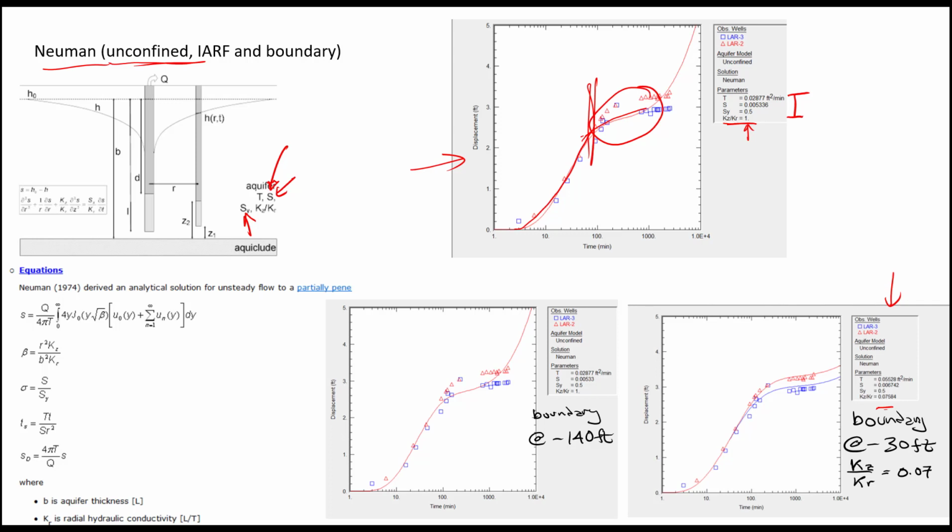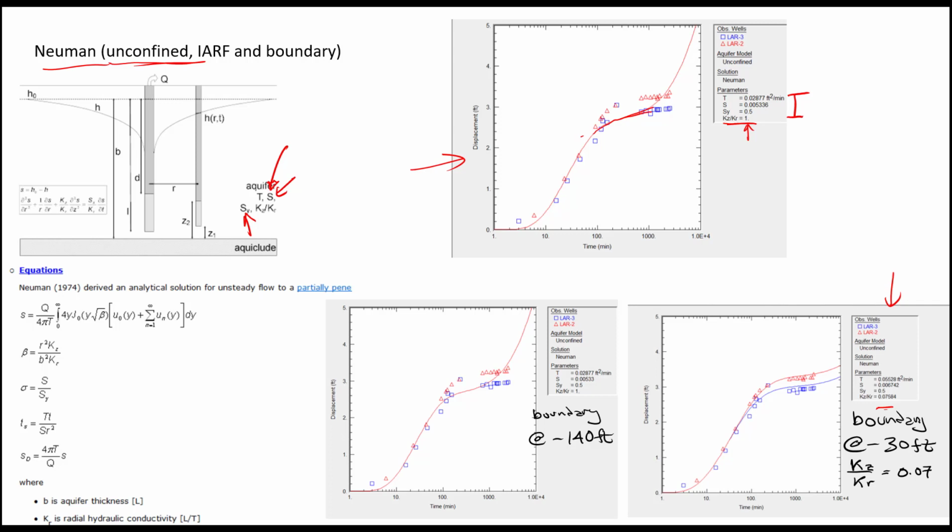And we said, well, what we expected conceptually is that we would get a good bit of release of water when the water table first started to drop, and that would cause the drawdown to flatten out.